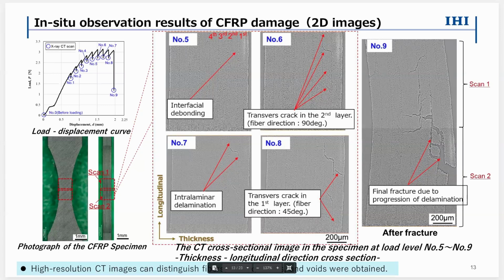Then the interfacial debonding grew into transverse cracks, and the cracks increased in the second layer. Finally, interlaminar delamination occurred between the first and second layers, leading to final fracture. So now we have obtained the damage process in these lamination structures.